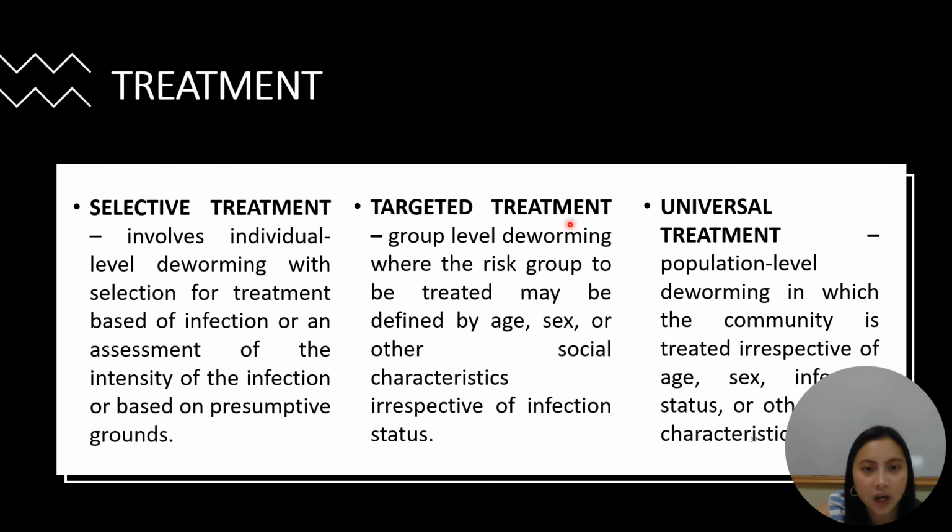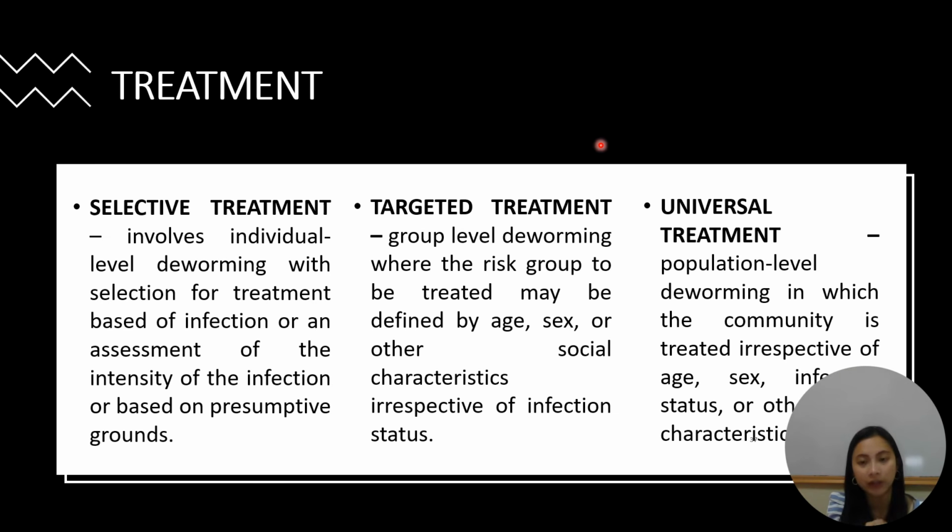Another term is targeted treatment. Targeted treatment, class, is a group level deworming where the risk group to be treated may either be with a prior diagnosis, may be defined by age, sex, or other social characteristics, irrespective of the person's infection status. So that's targeted treatment. While for universal treatment, that's already on a population level.